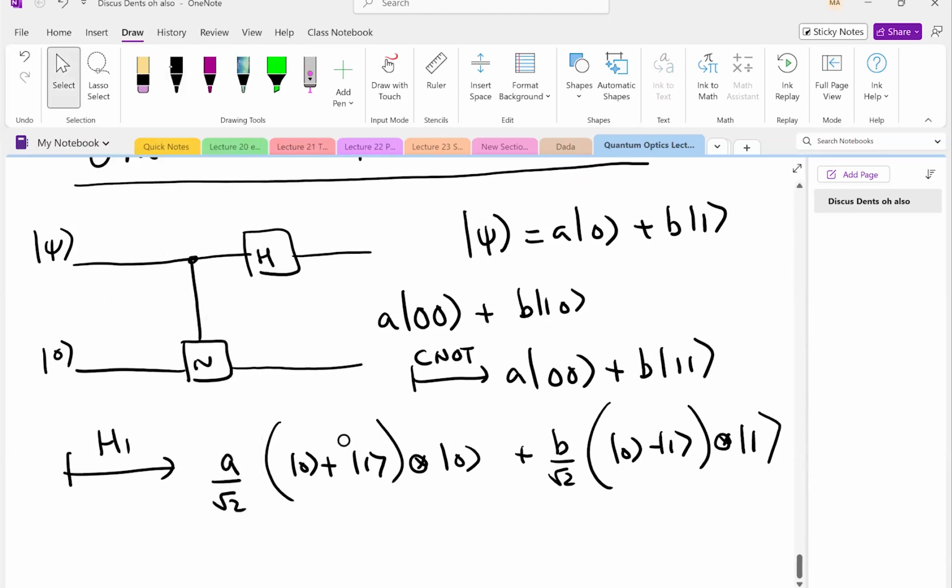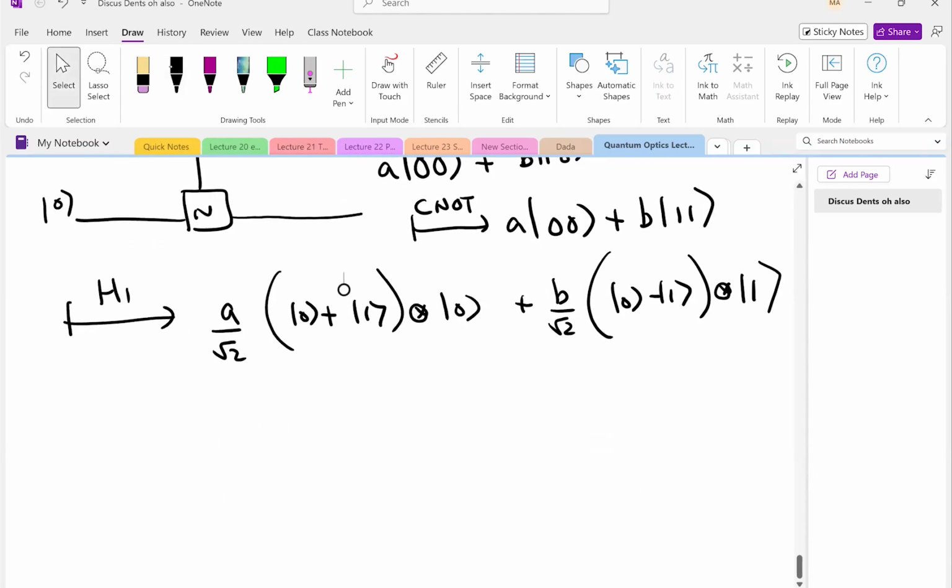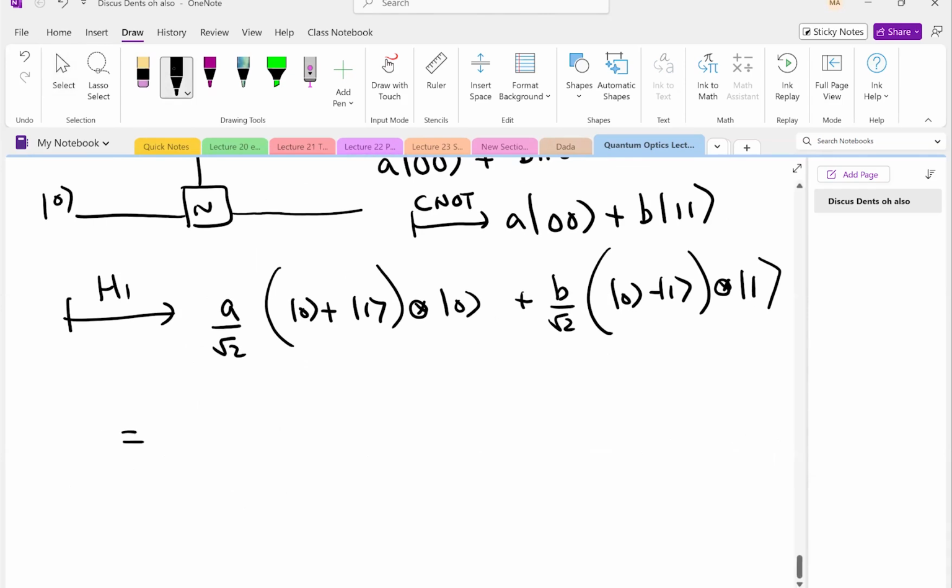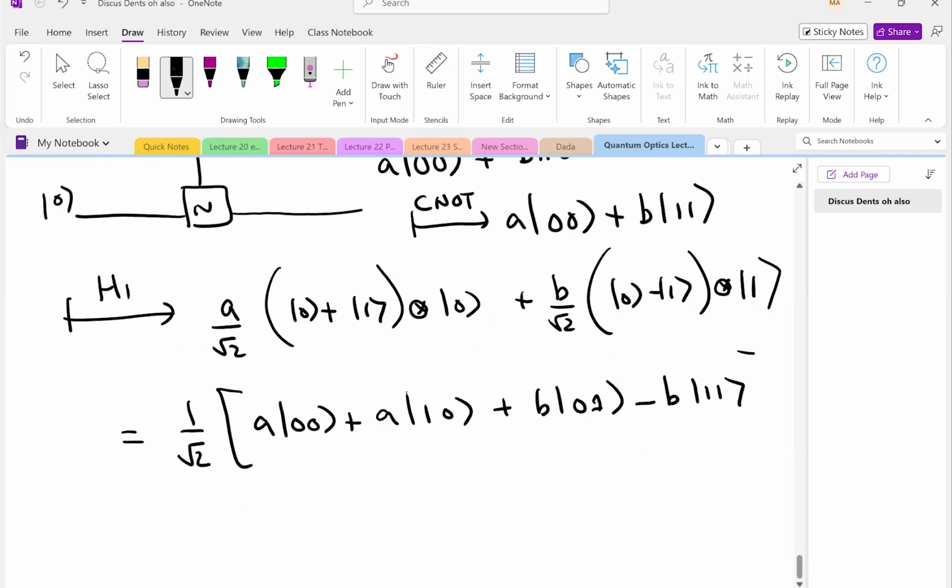Now we just expand this: 1 over root 2, A 00 plus A 10 plus B 01 minus B 11.